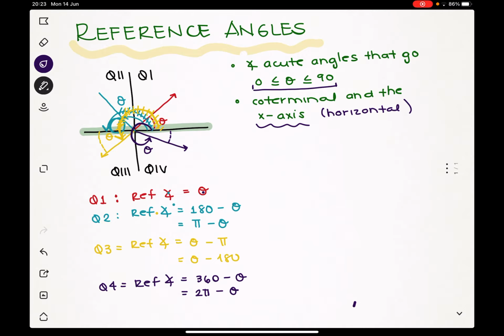So with this in mind, let's do some exercises. The first one that we're going to do in degrees, and the other ones we're going to do in radians. So first in degrees. So if I have the angle 210, I want to know what my reference angle is.